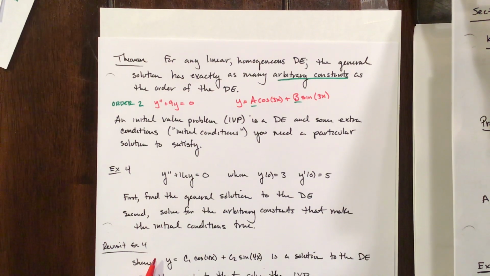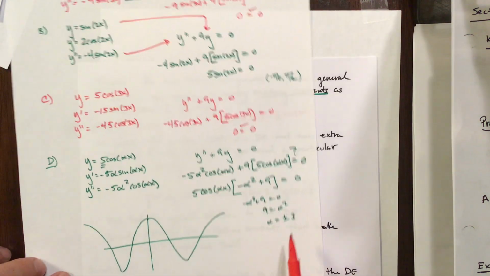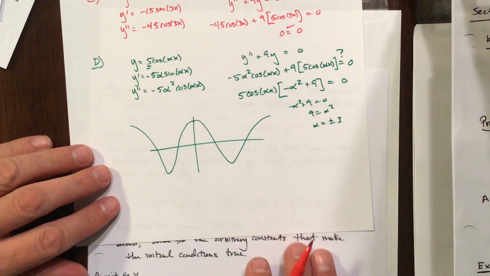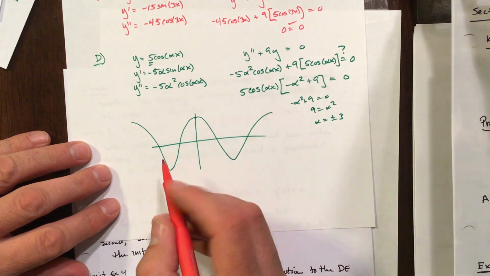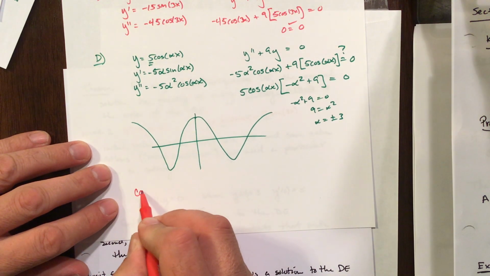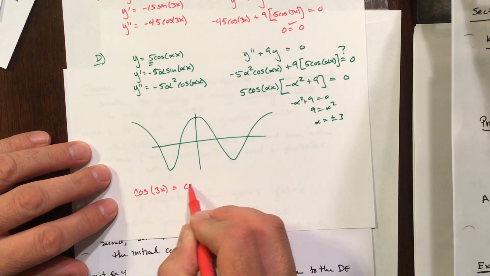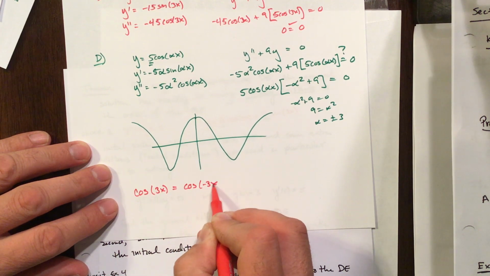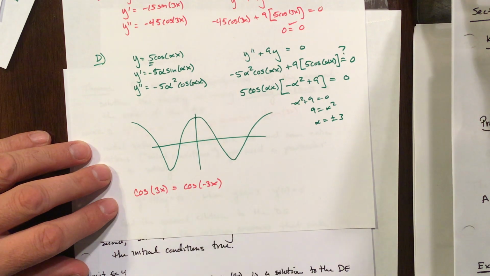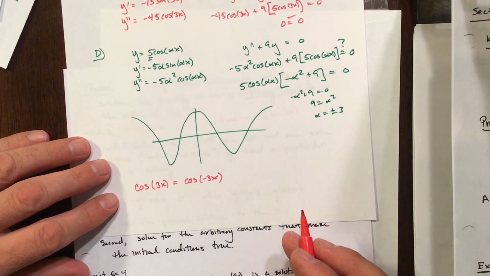It actually supports it. Now, I know that some of you might be yelling and screaming at the video, hey, what about the minus 3x? I just want you to draw it to your attention that cosine 3x is the same as the cosine of minus 3x. I already established that or alluded to it in the image above.